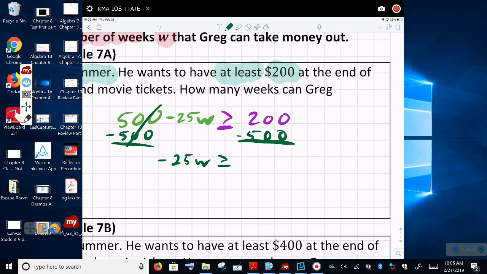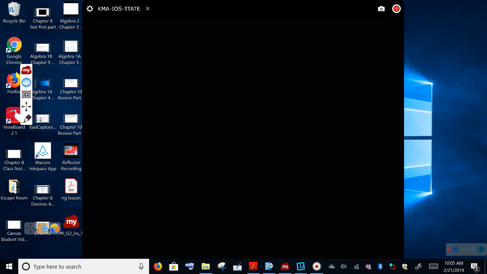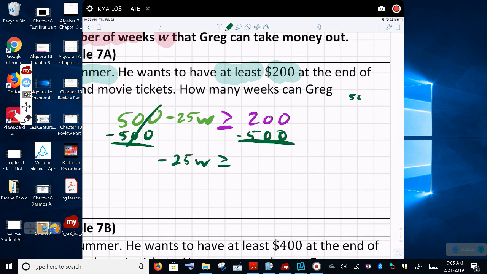Negative 300. Just to practice that point again, different signs, you have a positive 200, a negative 500, so I will subtract. It's going to be 300, but the 500 was bigger and that was negative, so it's a negative 300. I then divide both sides by negative 25.